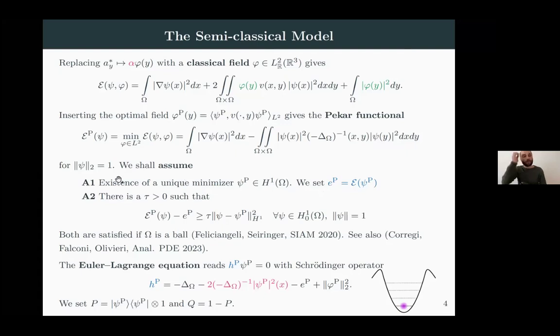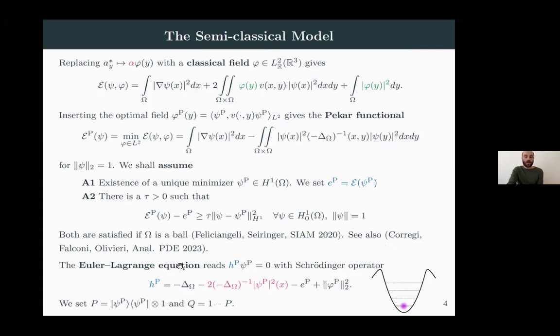These are really two implicit conditions on the bounded domain omega. But thanks to a paper by Dario Feliciangeli and Robert Seiringer, we know that these two conditions are both satisfied, at least if omega is a ball of some fixed radius. And then let me also mention a work by Correggi, Falconi, and Olivieri, where they study similar confined Pekar-type functionals.